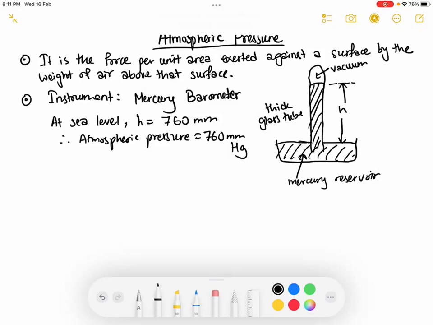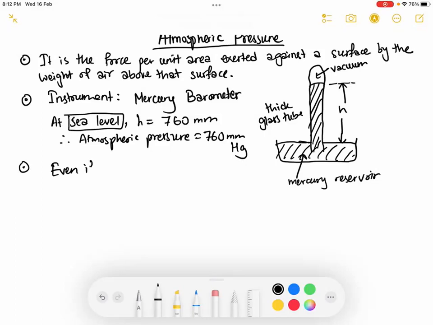But the h, the height of the mercury, will actually change only if this barometer is brought to a different level, let's say not at sea level, probably at a higher altitude, where the atmospheric pressure is different. Only then you will see that the height of the mercury will change. Okay, so this is a point.